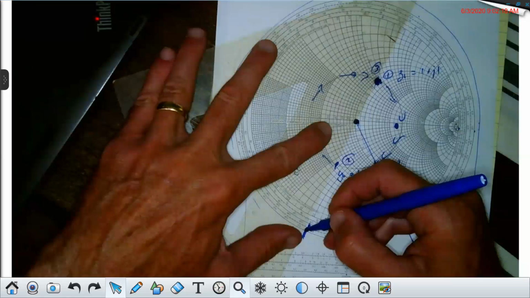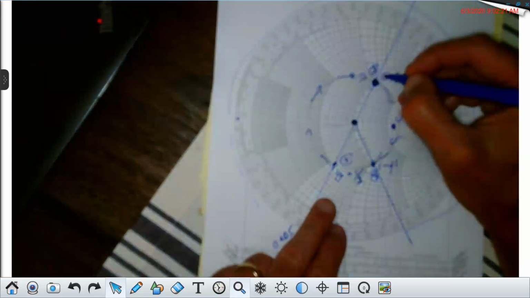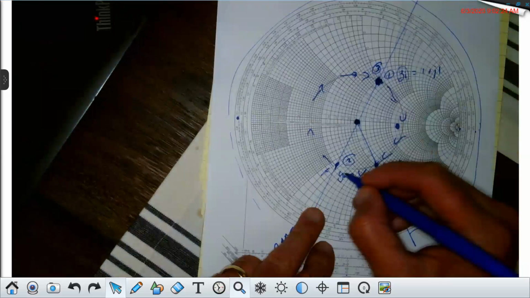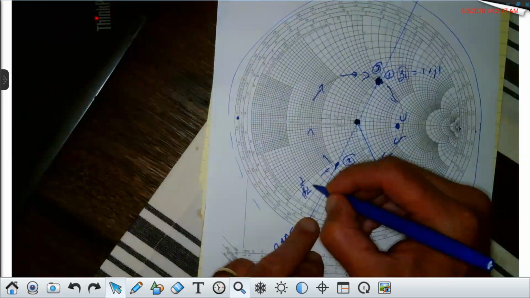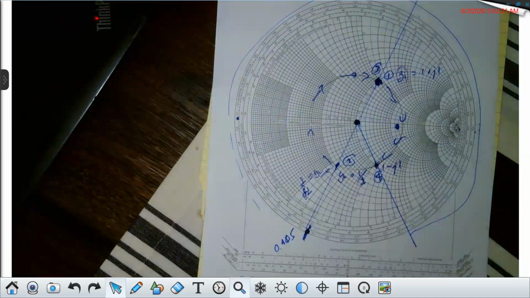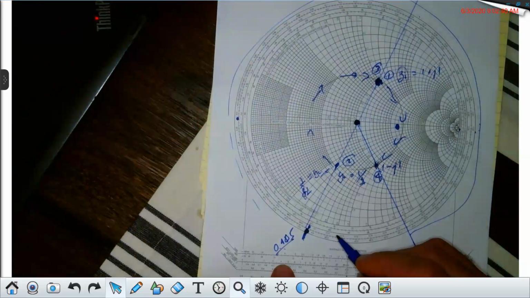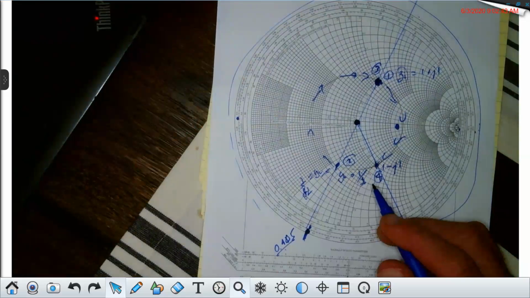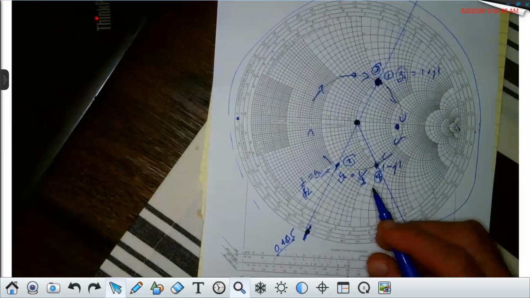When you draw a straight line here, this is ZL, and the conjugate point here will be 1 over ZL or YL. Can you all see that? It's always 180 degrees around the circle is YL. That's just the characteristic of the Smith chart. Now, you should be able to see something here that's about 0.405, and it could be a little bit off, but can you all see that? Yeah, I got 0.404. That's fine. It's close enough. Are you with me on that, class?